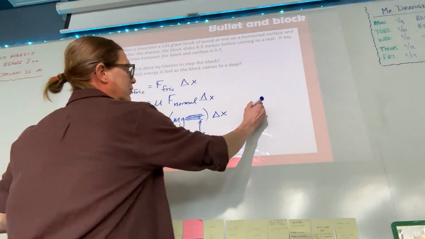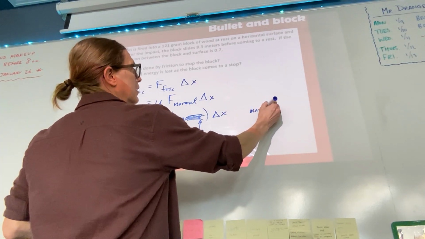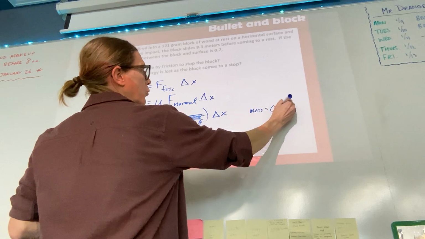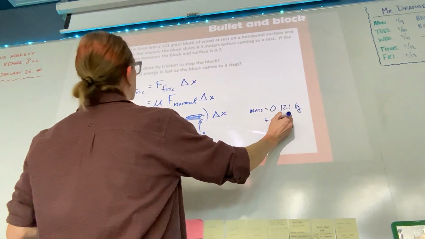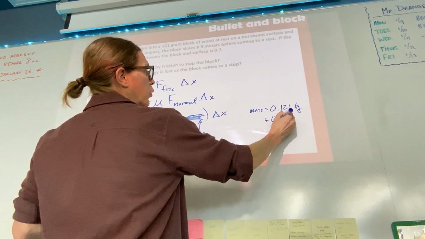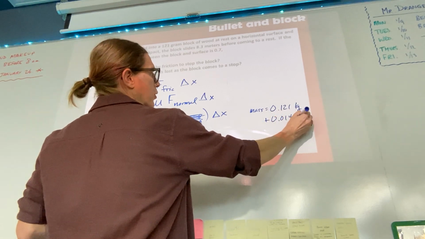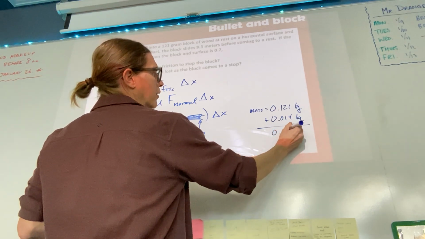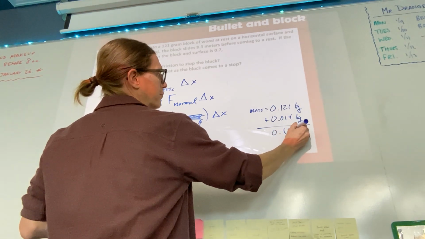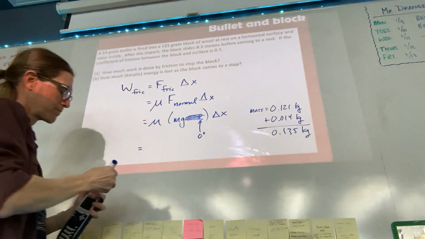So our mass is 0.121 kilograms plus 0.014 kilograms for a total of 0.135 kilograms.